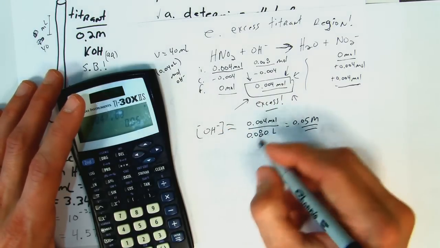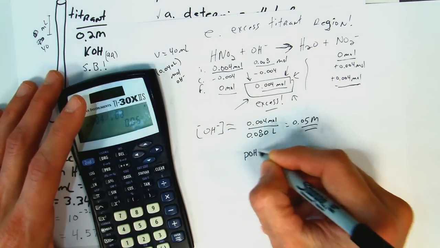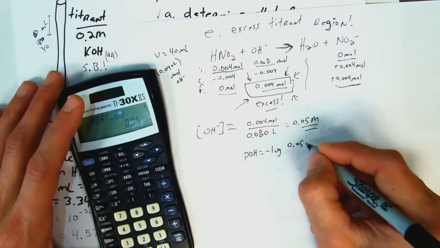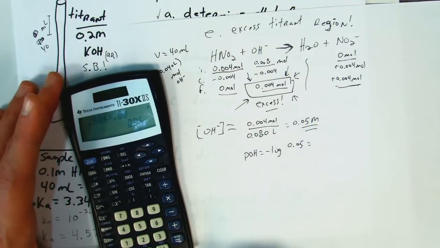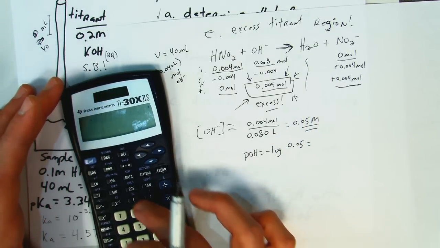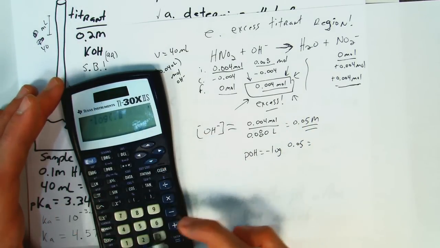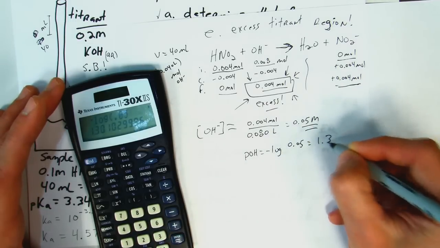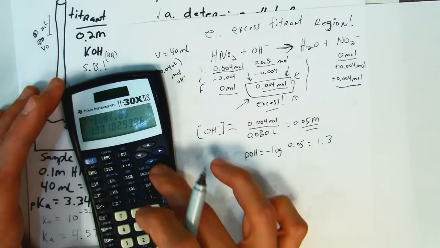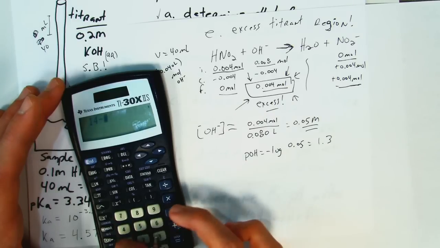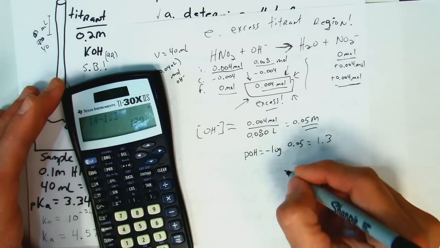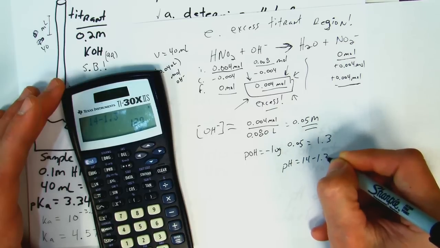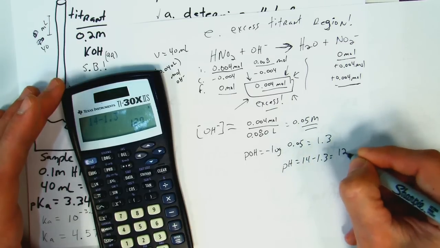Now, if that's my OH concentration to a good approximation, I can then take my negative log of 0.05, and that should be a pretty good estimate of my pOH. And that's what I'm going to do. That works out to be about 1.3. And then if I solve for my pH, by doing 14 minus 1.3, I get 12.7.